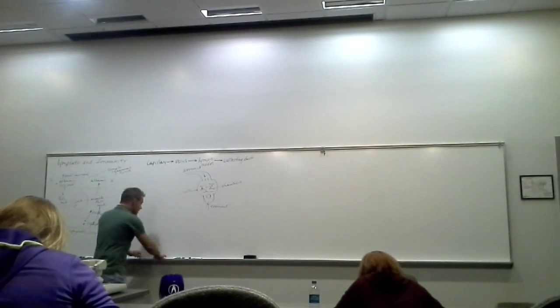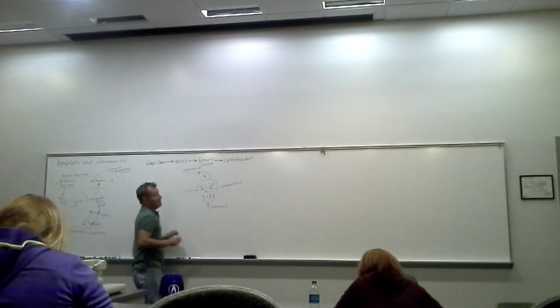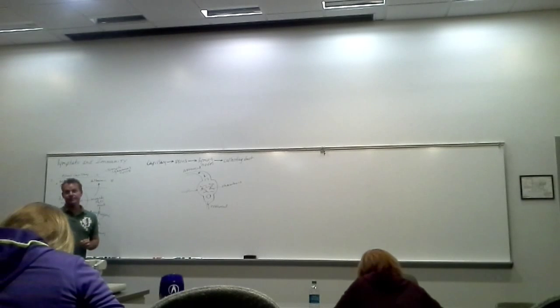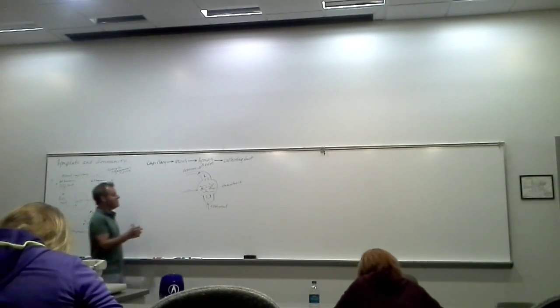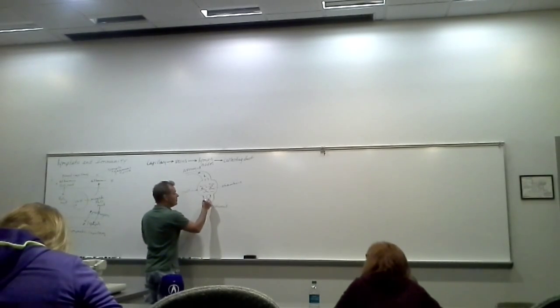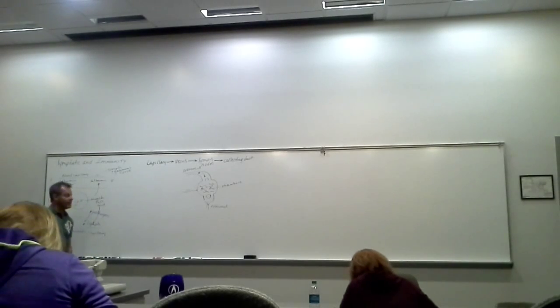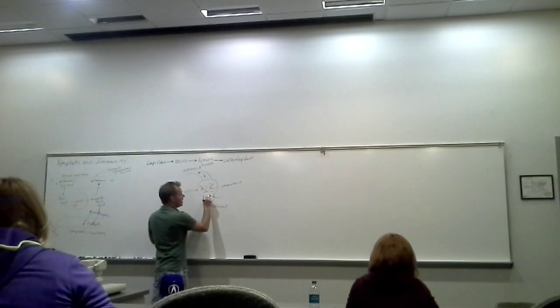Now, if there is a pathogen in lymph, it's the job of the B and T cells in the lymph node to detect that pathogen and destroy it before the lymph exits the node. Now there's a special region on the lymph node right here that's called the hilum.